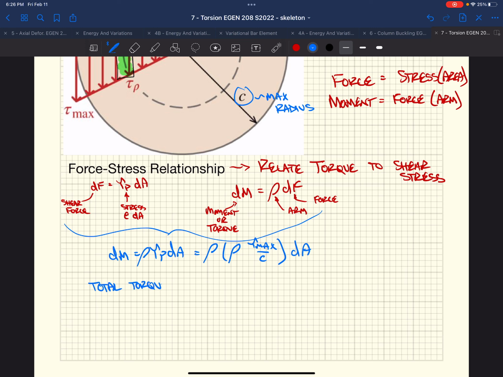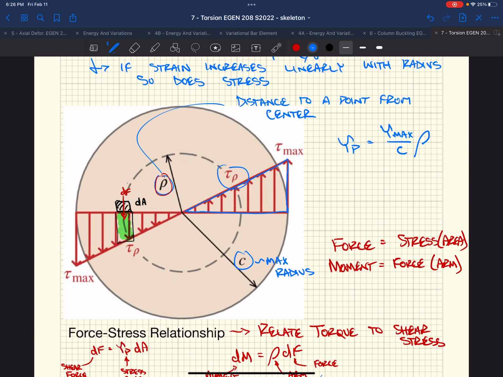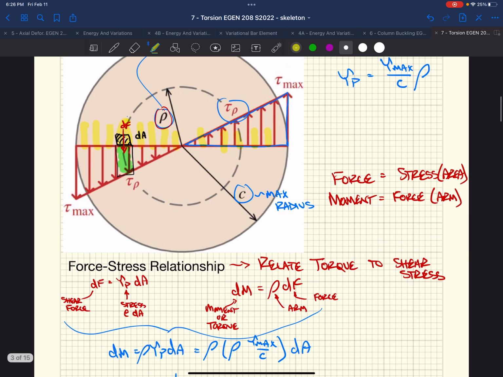We would sum up all of the forces that are acting. So there's this dF. Well, there's another dF here and here and here and here and everywhere along this whole thing, acting in our directions.